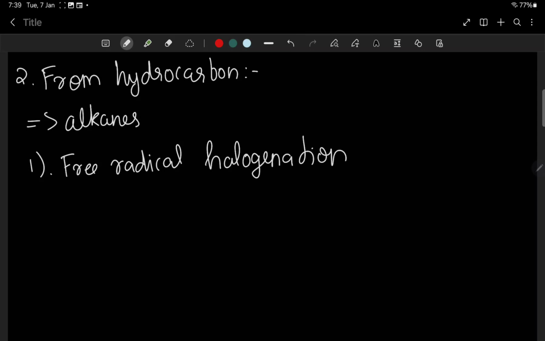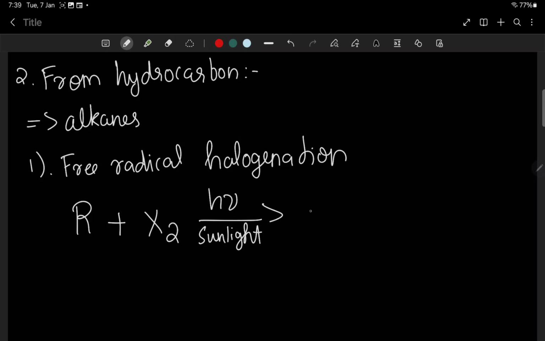Take an alkane R-H and add X2 in presence of light (hν) or sunlight, we get RX. The orientations can be different.